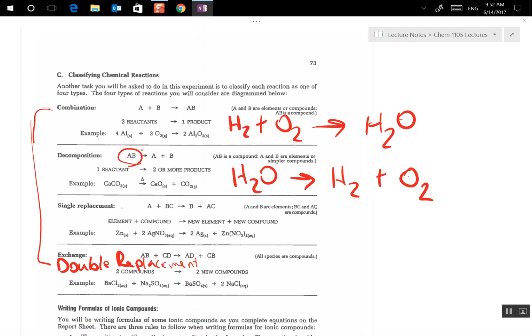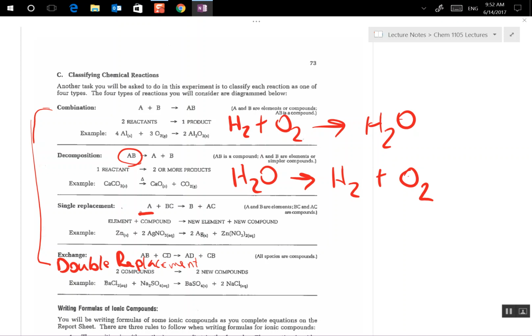A single replacement reaction is a reaction where you take A, which is usually, not 100% of the time but a lot of the time, a metal. It's not a cation when it's by itself because it's just the solid metal.